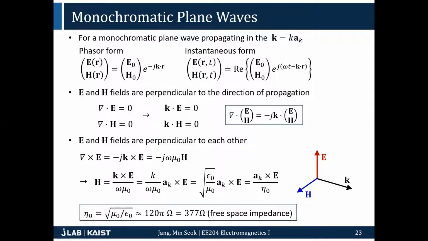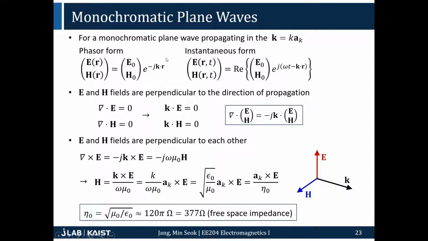Okay, so if we set the direction of propagation as a_k, then your k vector, the wave vector, means k is equal to k a_k. Here you know the notation: boldface is vector, and the italicized normal typeface is scalar.